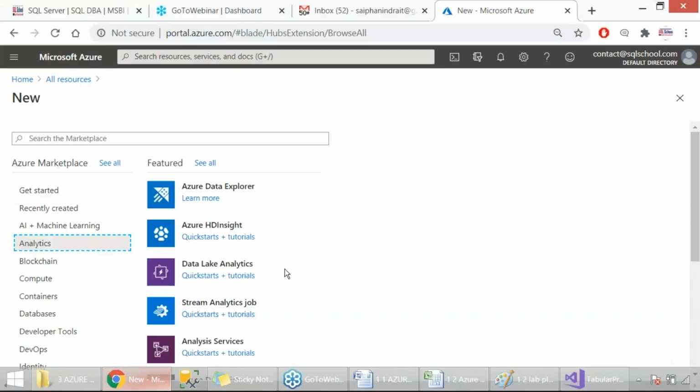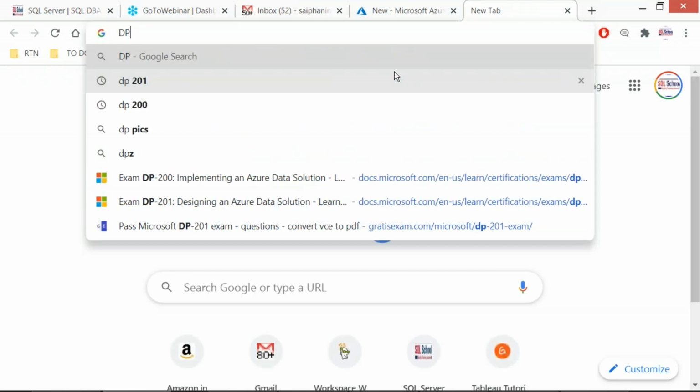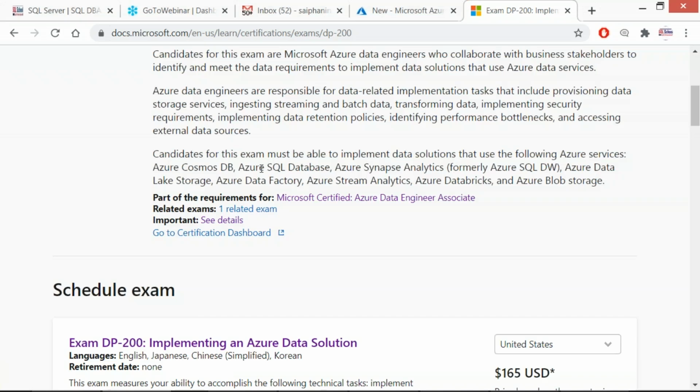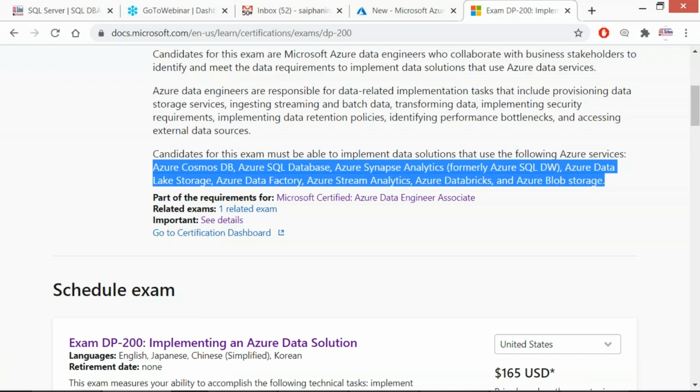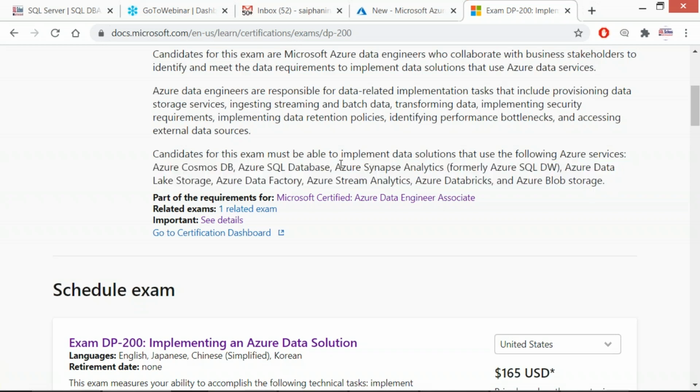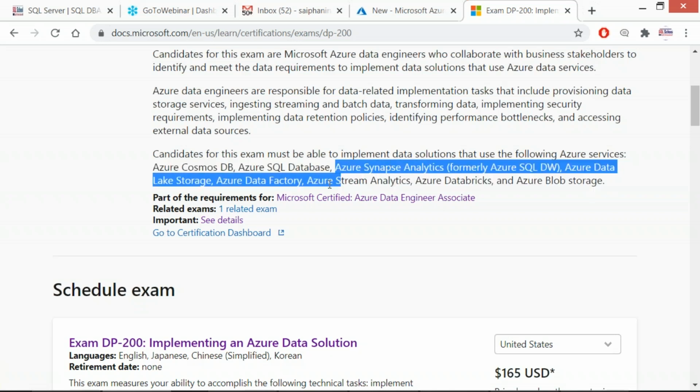And the course is mainly planned as per the DP 200-201 certification pattern that includes all these components in our course for the Azure Data Engineer. Azure BI includes Synapse and Data Factory with the required data lake storage.